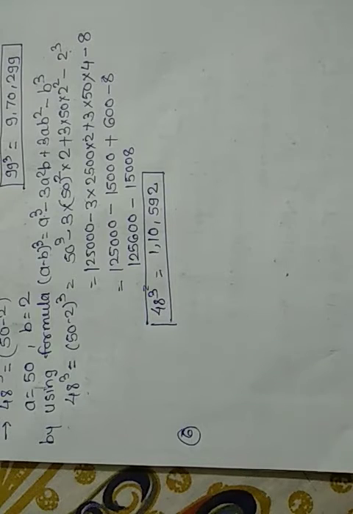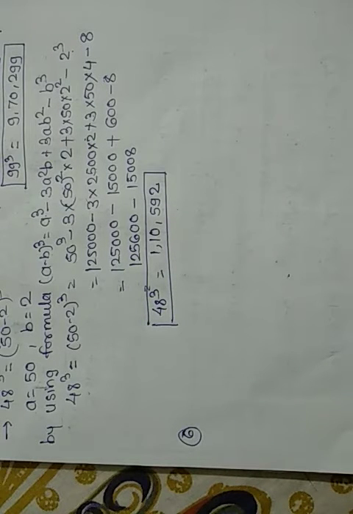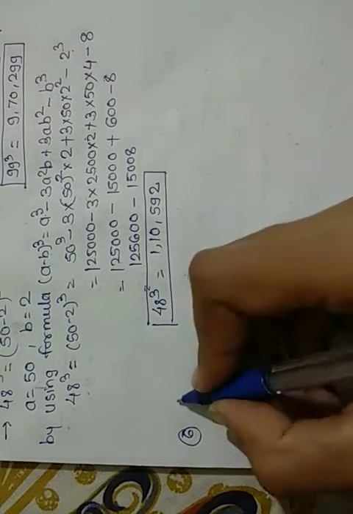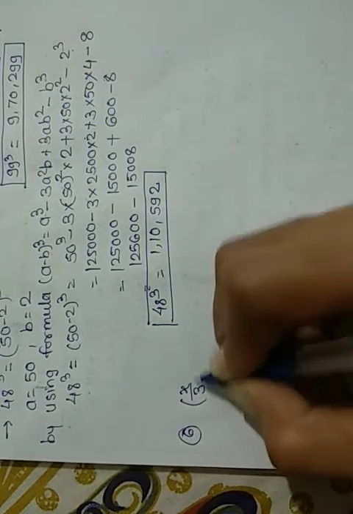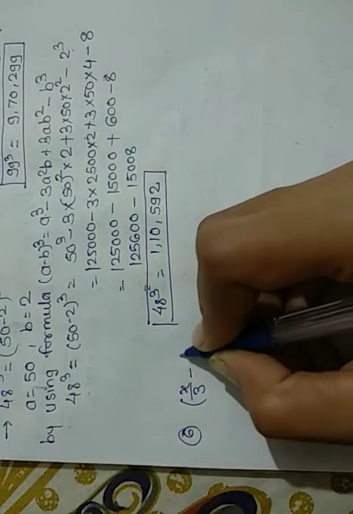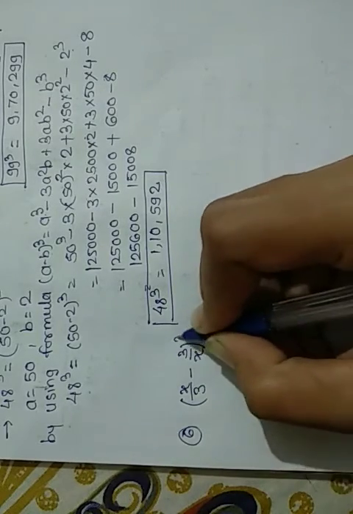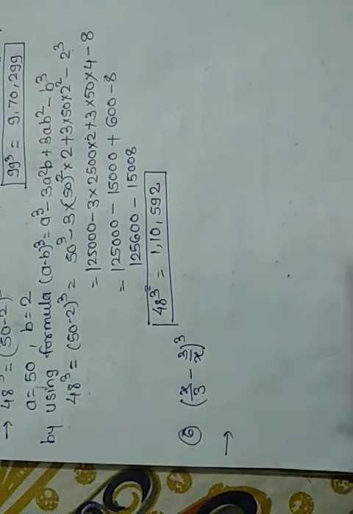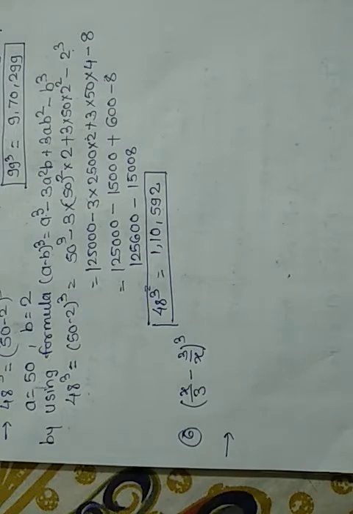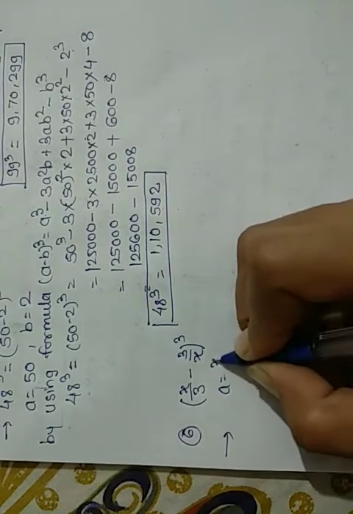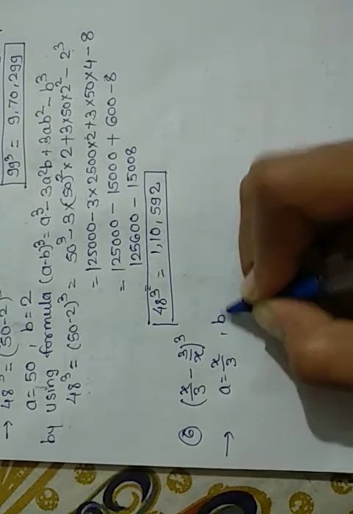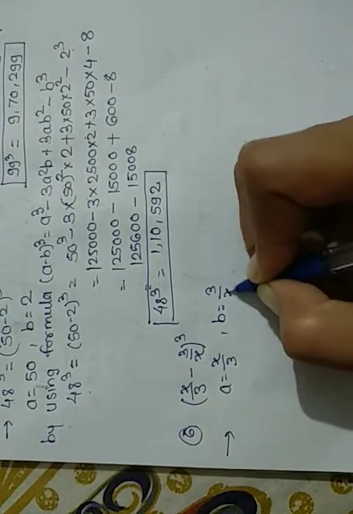Now next example number 6. (x upon 3 minus 3 upon x) bracket cube. Here the value of a is x upon 3 and the value of b is 3 upon x.